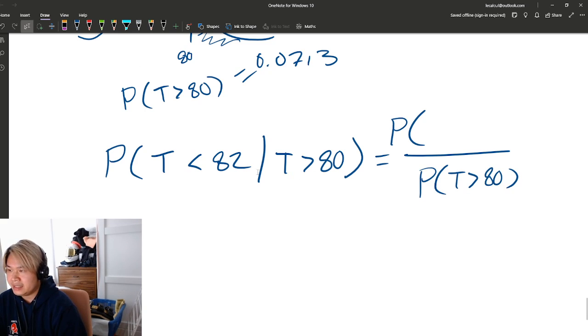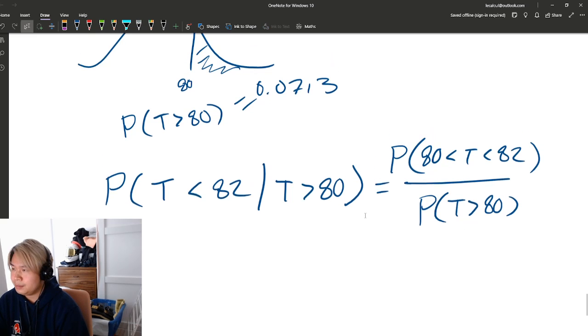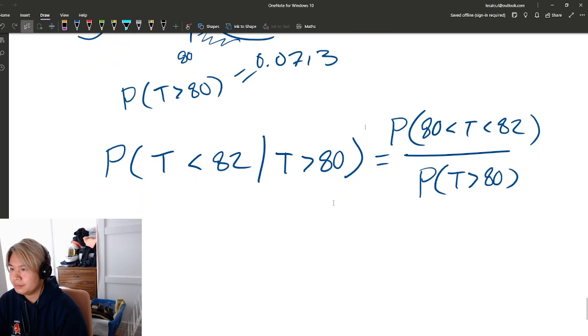And then we want the intersection of these two. So more than 80, but less than 82, right? So we can just write it like this. So that's the intersection of these two. We know this from an earlier part. That's going to be this number.